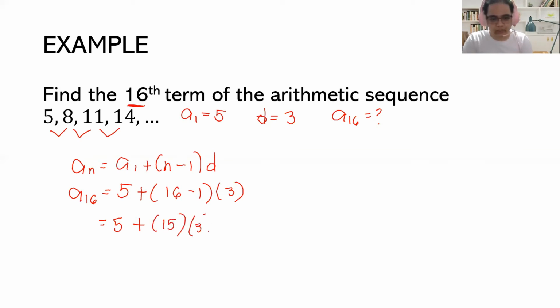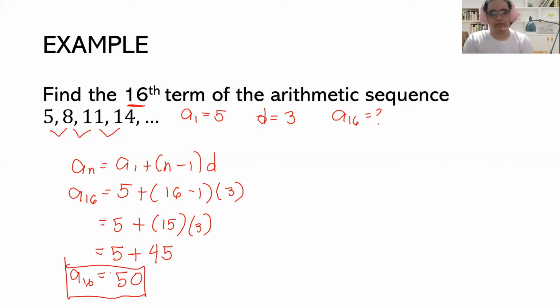Then times 3. Di ba PEMDAS, pag may multiplication, yun lagi uunahin nyo. So kaya 5 plus, multiply nyo muna to. 15 times 3, that will be 45. And then, 5 plus 45, so the answer is 50. So therefore, A sub 16 will be 50.